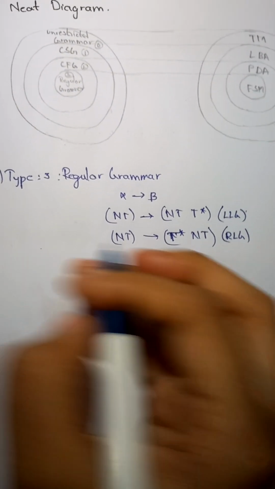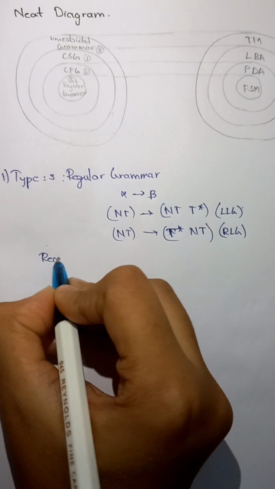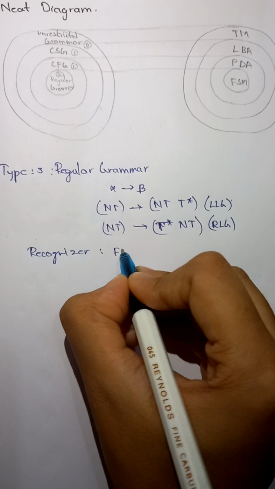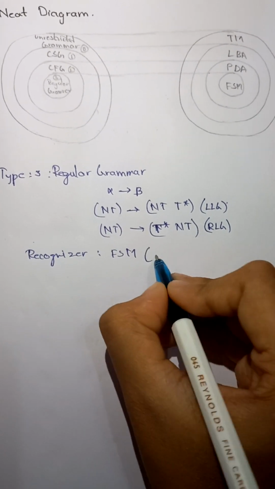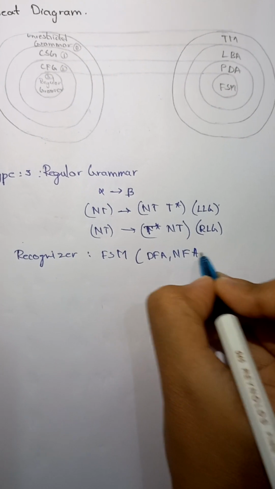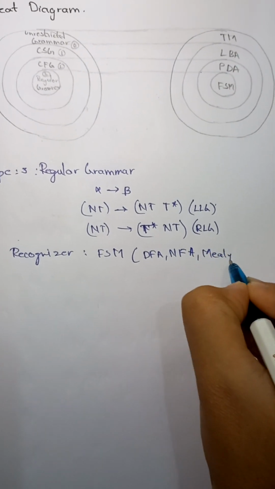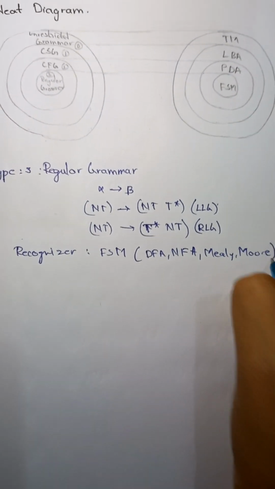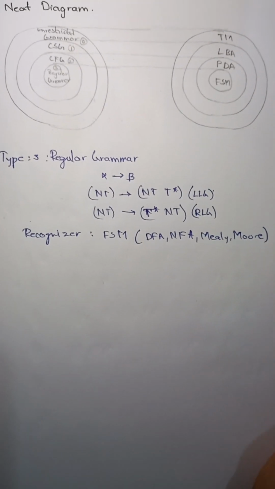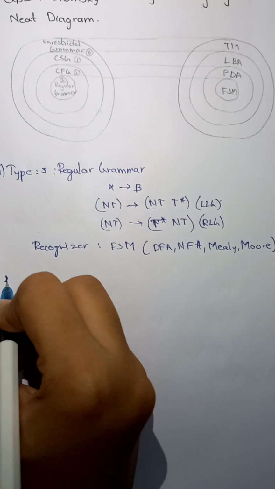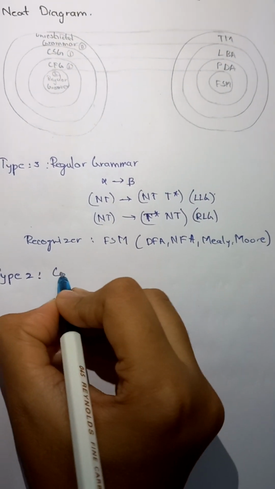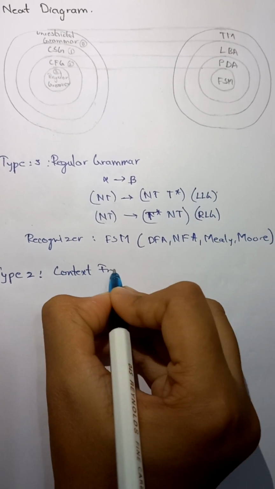So the recognizer for regular grammar is FSM, that is finite state machines, that include DFA, NFA, Mealy and Moore machines. For every NFA there exists an equivalent DFA. The next one is type 2, that is context free grammar.